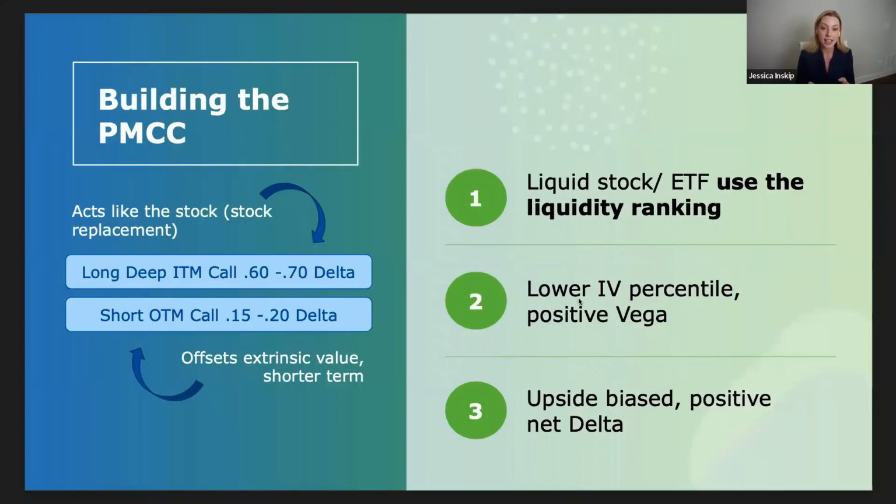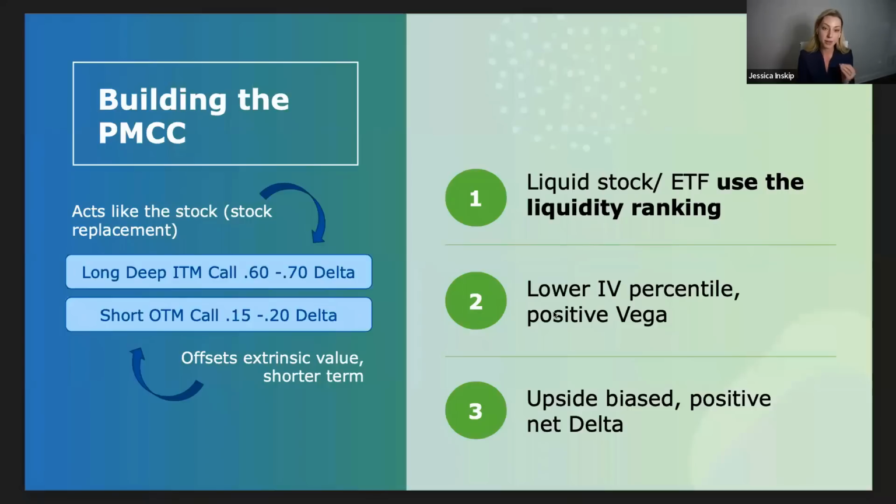Vega is actually higher for longer dated options. So if you have a strategy that's positive Vega, it's going to benefit from an increase in implied volatility. Not that it's already happened, but if it does happen, it's going to make the premiums go up in value, which means your option is going to go up in value, which is good for a long option.